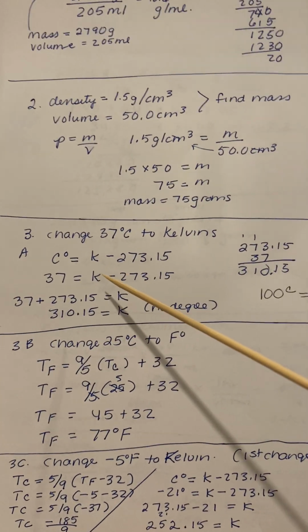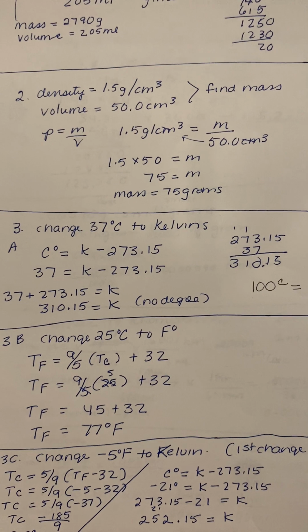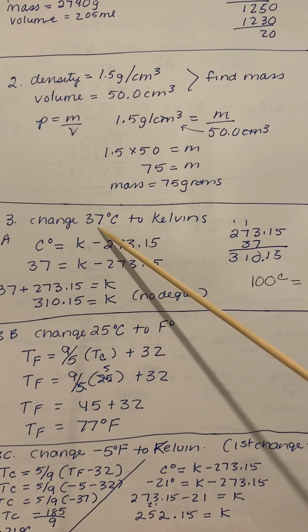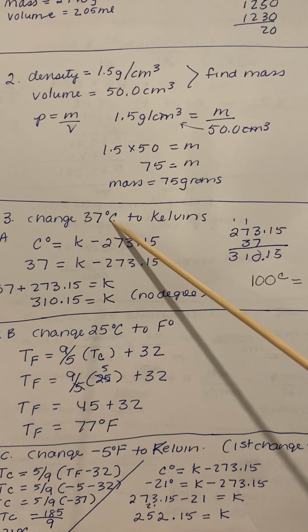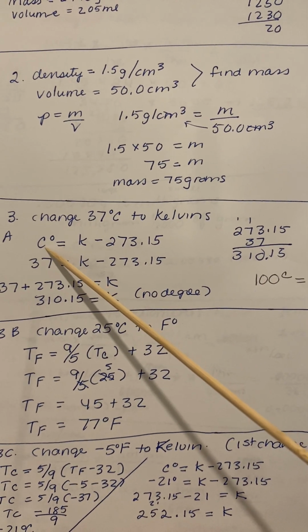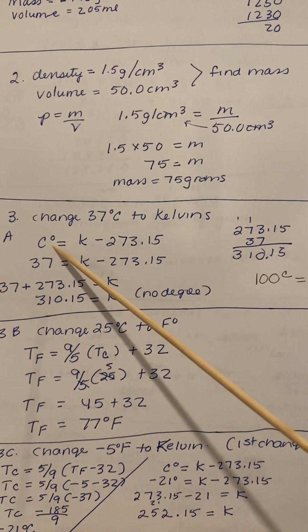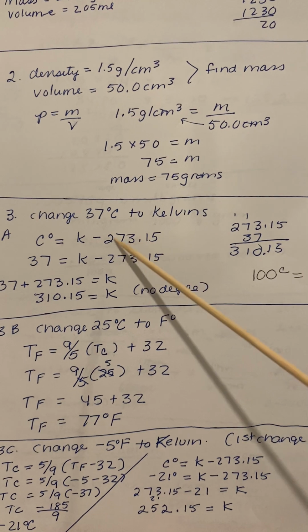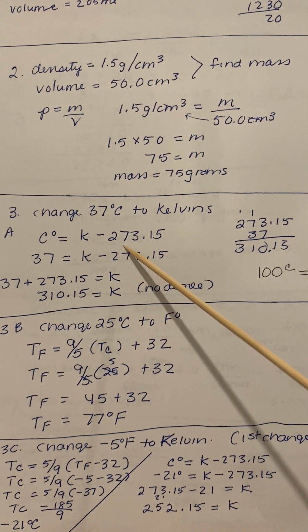Okay, temperature. We need to know how to do temperature, right? I hope you remember those equations. So here we're going to change 37 degrees centigrade to Kelvins. And so we know that our equation is centigrade equals Kelvin minus 273.15. Just remember that.